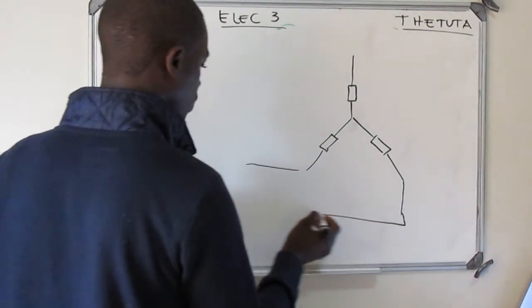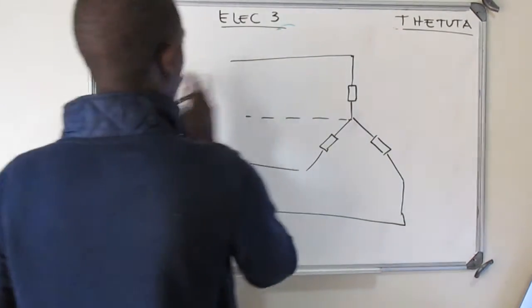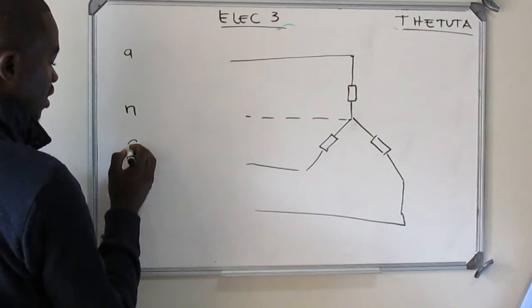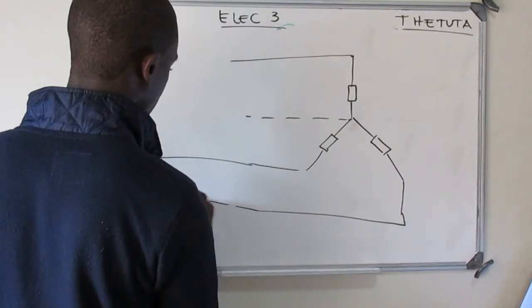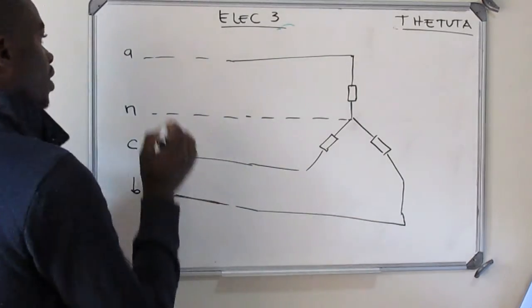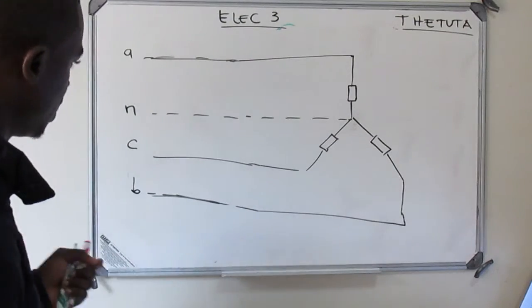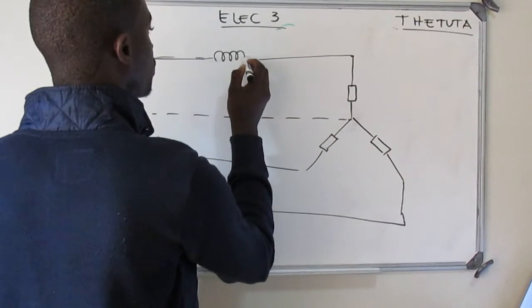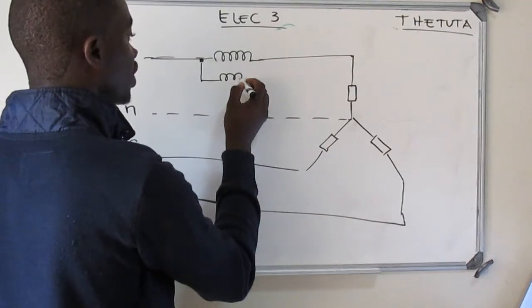This is our star load, and then we have the neutral point, and then we have our supply A, neutral, C, and B. So in the problem, when they say a wattmeter was connected in A, you come here, you put a wattmeter, the current coil, and you put the voltage coil.